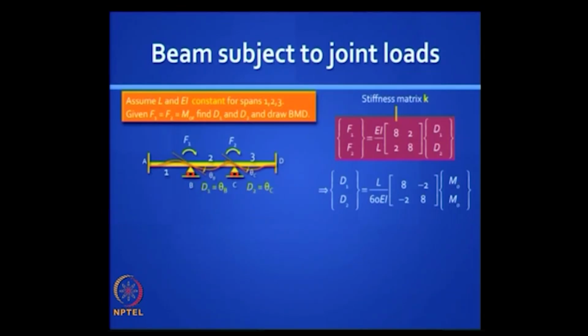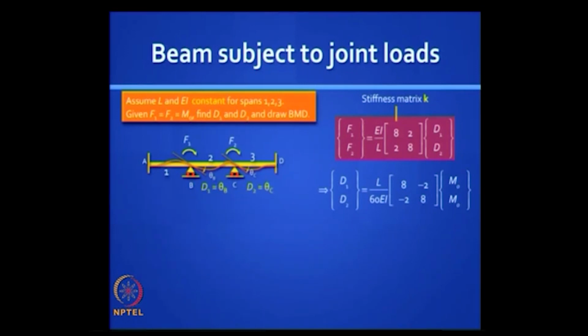So in a jiffy we got the rotations theta A and theta B with the help of the stiffness matrix of the structure. Now that you know the displacements, it's kinematically determinate. Can you find the bending moments from first principles?